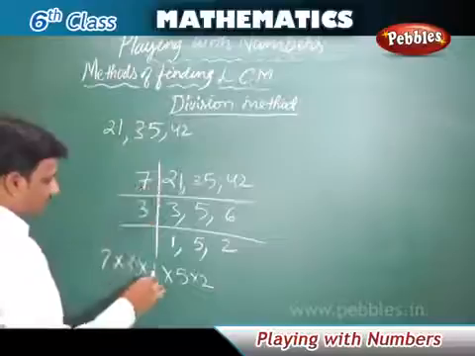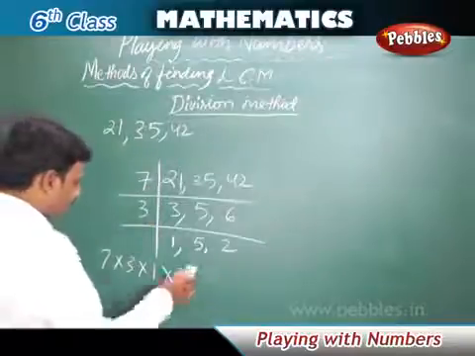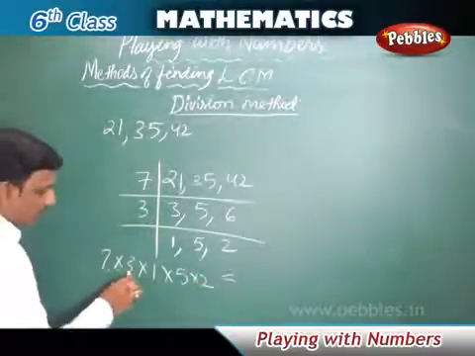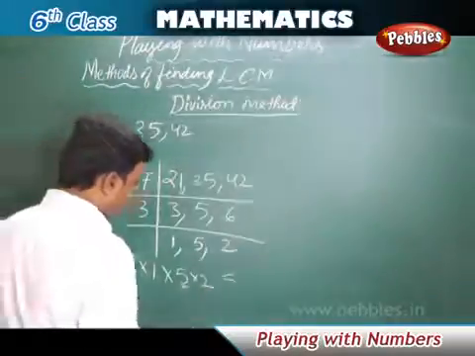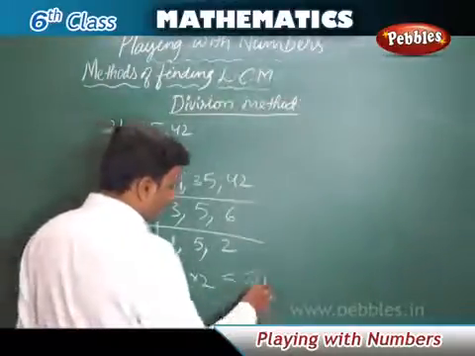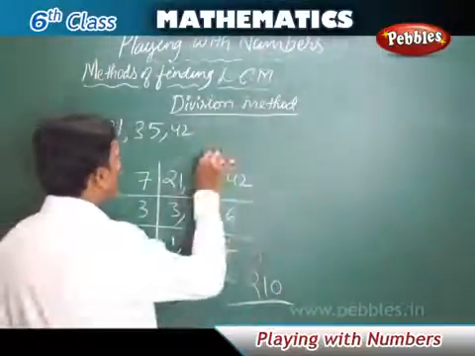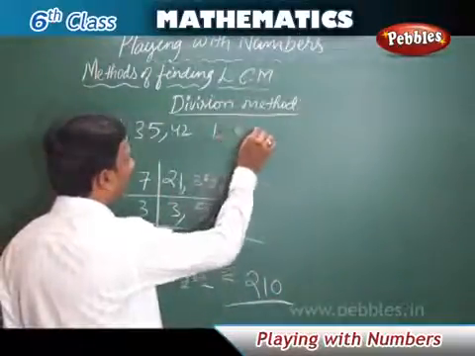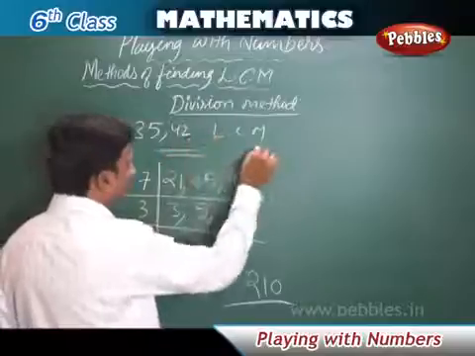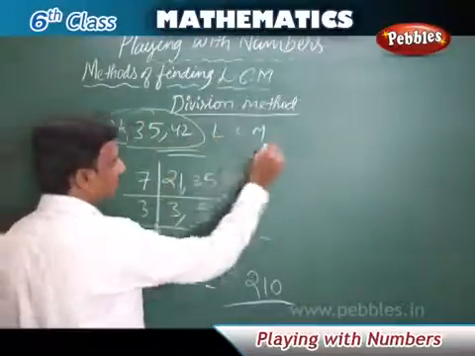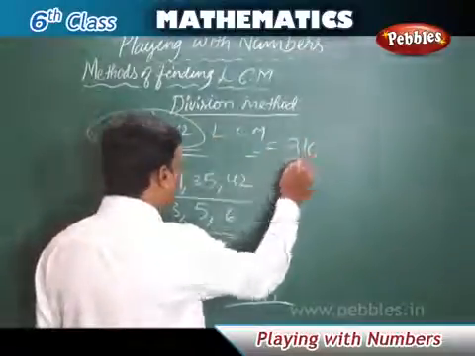So 7 into 3 into 1 into 5 into 2: 7 3s are 21, 21 5s are 105, into 2 is 210. So 210 is the LCM of these 3 numbers. The LCM is 210.